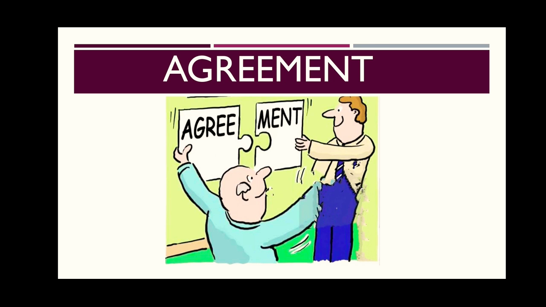Now we must talk about agreement also. What is agreement? Agreement means when two persons agree on something, or we could say concord, or when someone comes to an agreement.